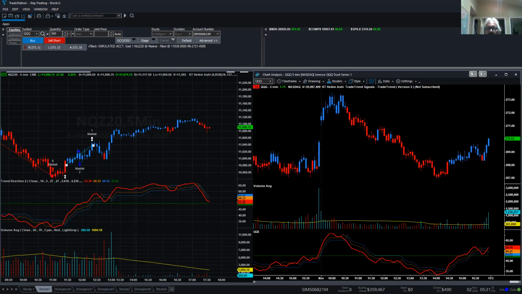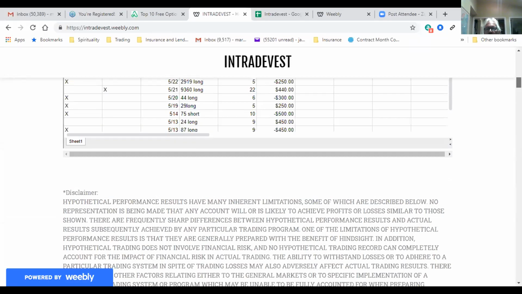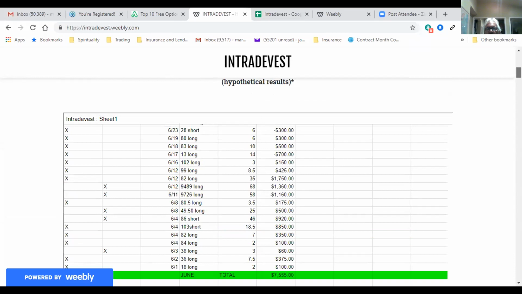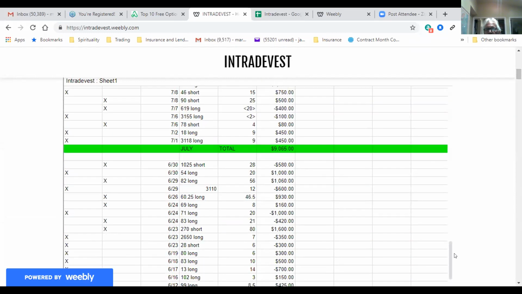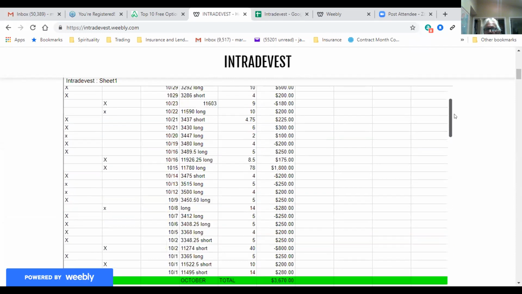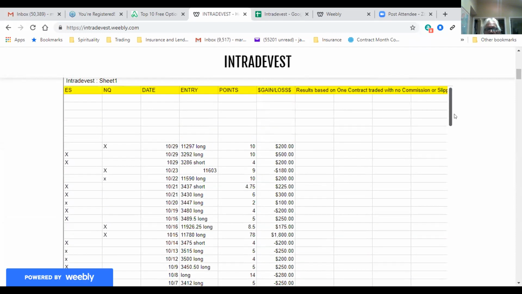Oops. Share screen. Right here. Okay, so we updated our trading for the day. Let's see.